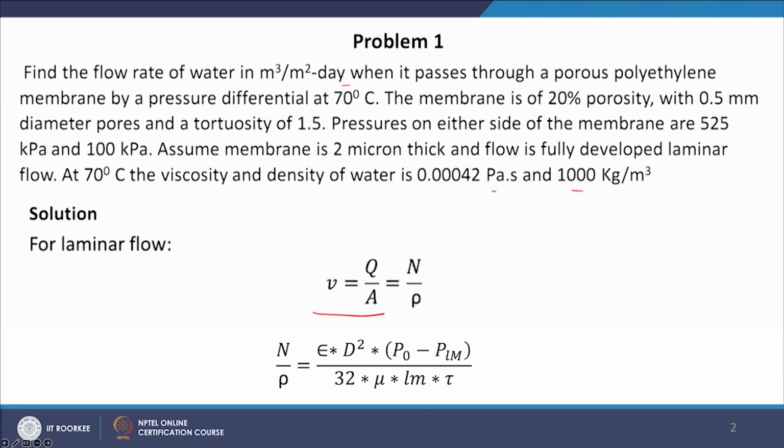So, here the values are given. Using those values we will calculate V, which is equal to N by rho, that is equal to Q by A.